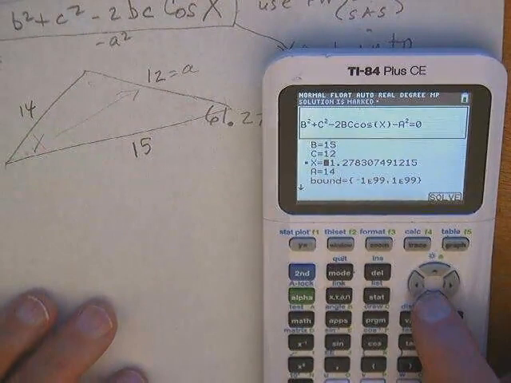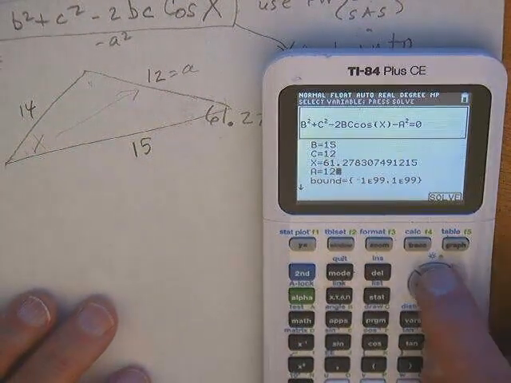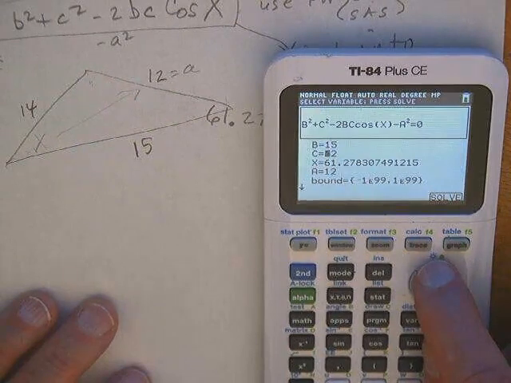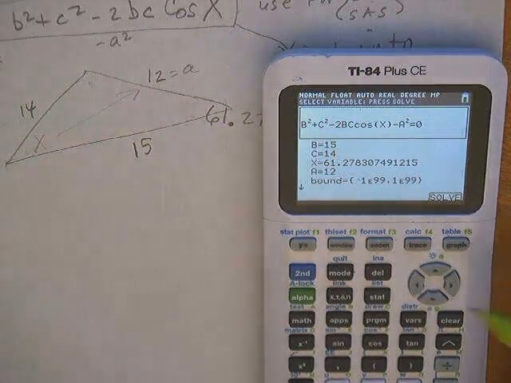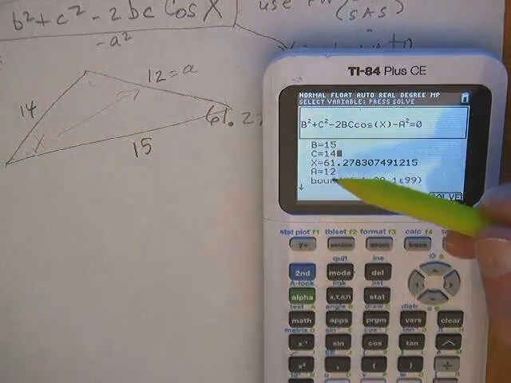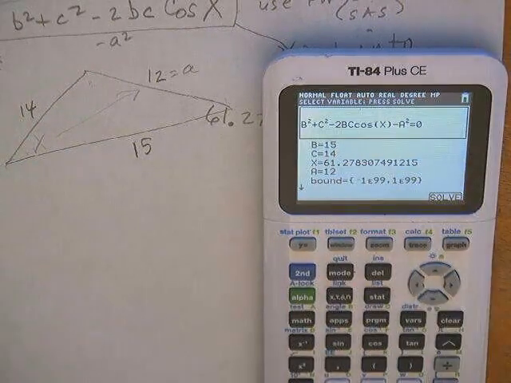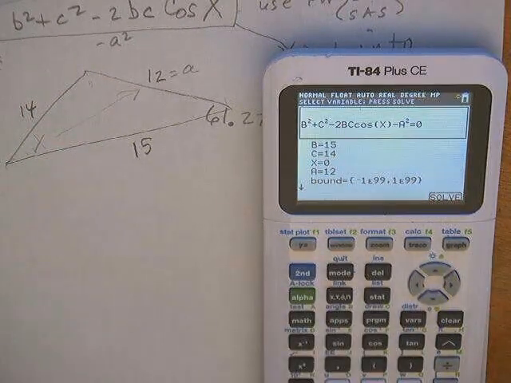And then over here on my screen, I need to make little a 12, and I need to make my other sides 14 and 15. I just let the 12 and the 14 trade places. And when I do, I'm going to find the angle across from the 12. Alpha enter.